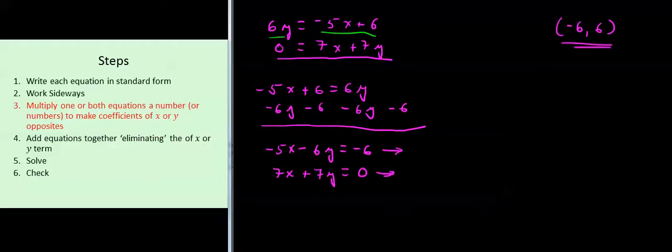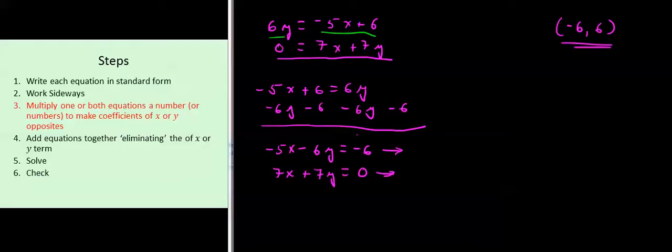Multiply one or both equations by a number or numbers to make the coefficients of x or y opposites. Well, I look at this, and this is a negative 5, this is a 7, positive and negative. This is a 6, and this is a 7. Neither one is easier than the other.